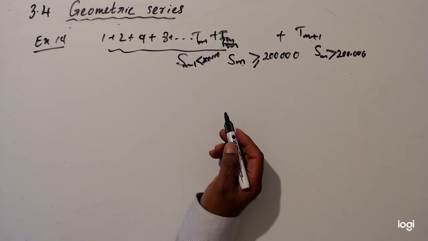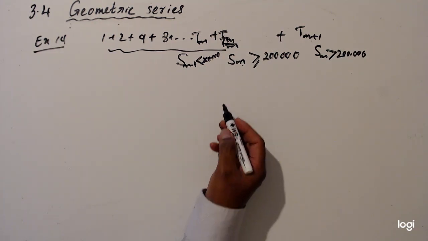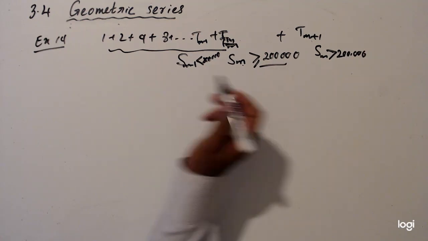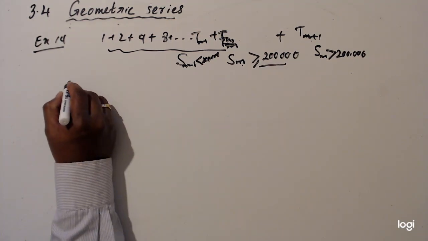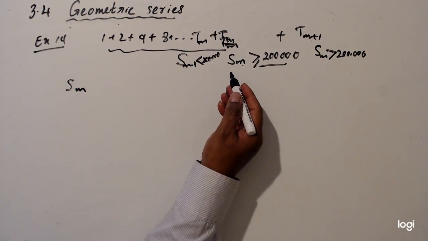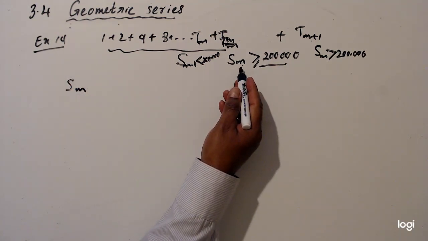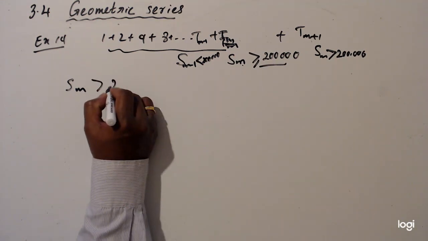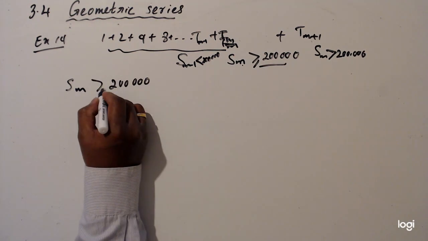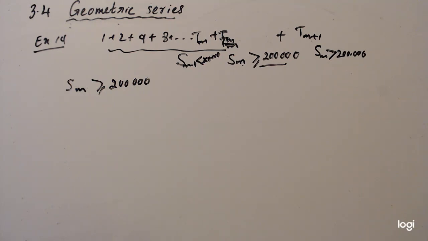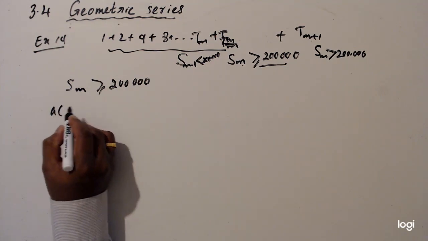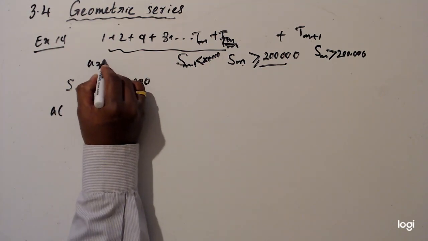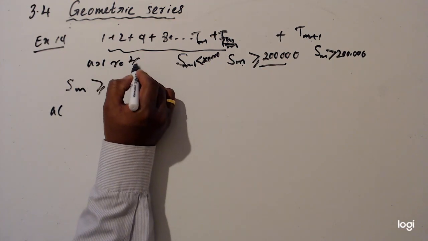So we need to find this m term. This is the inequality. Assume the partial sum up to the m-th term exceeds 200,000, with an equal sign also. Then Sm, we know a is 1 and r is 2 over 1, which is 2.